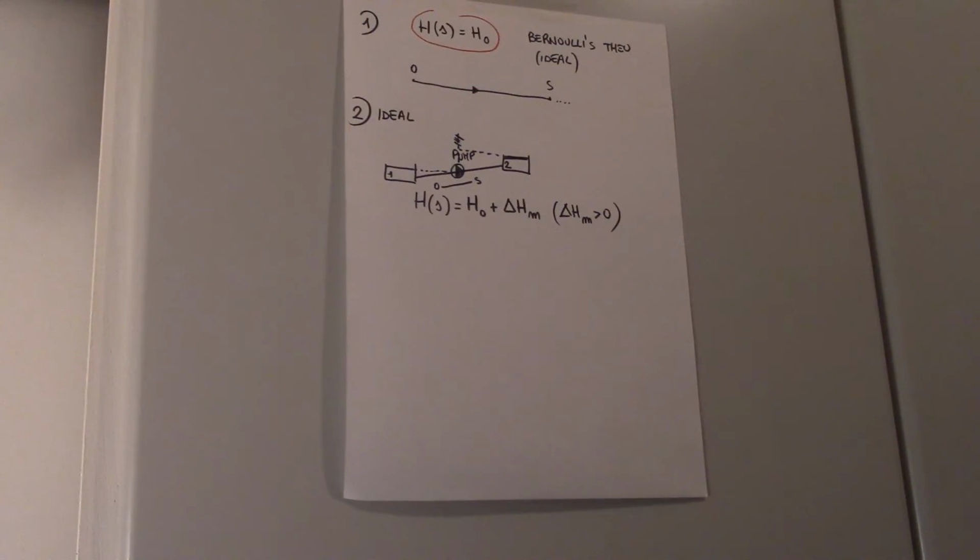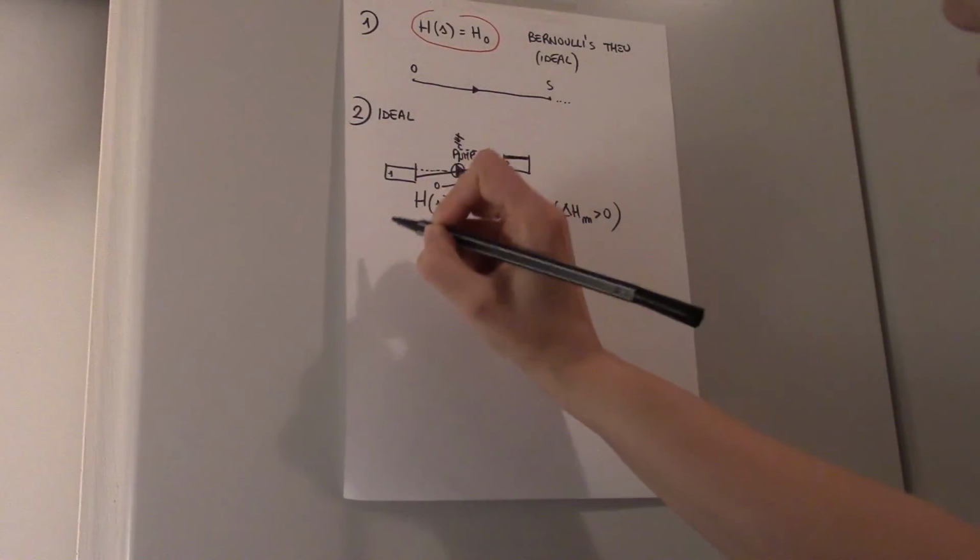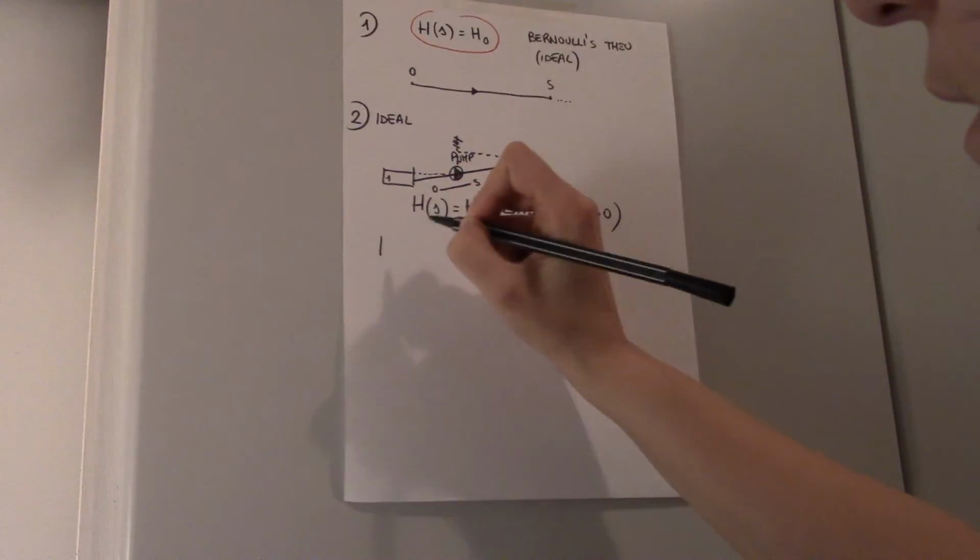There's also another situation. The other situation is when, for example, you want to get energy from your fluid. And this is the case, for example, of hydroelectric plants. So basically, to your fluid there's an energy which is associated with it. So you want to take part of this energy and convert it into another kind of energy, like electricity. So basically, suppose that in the second case you have something like this.